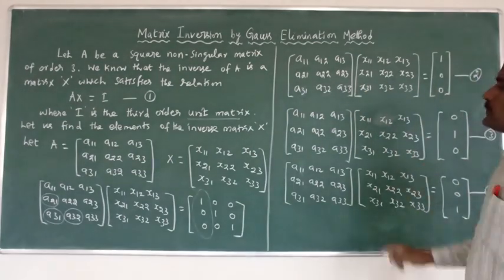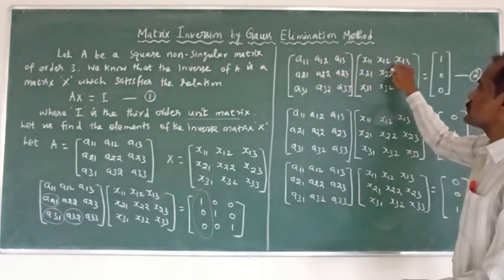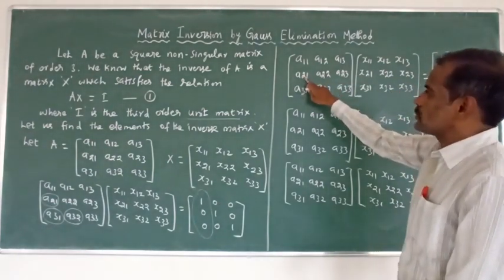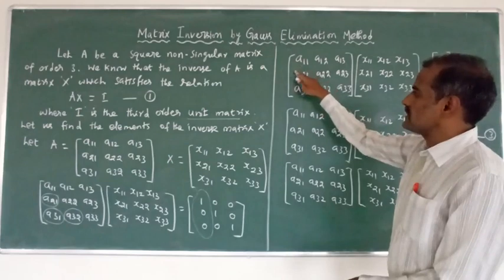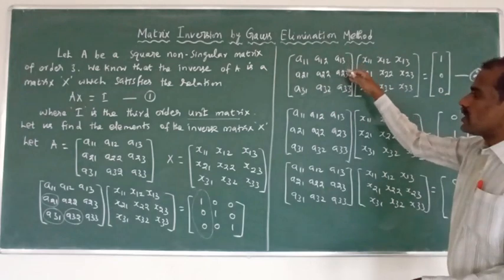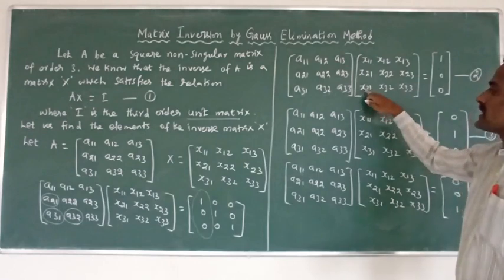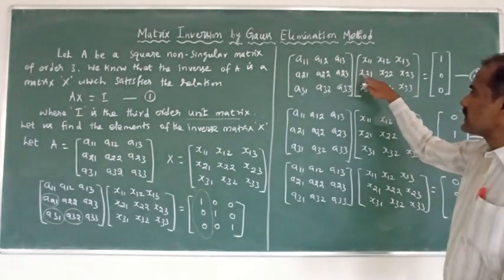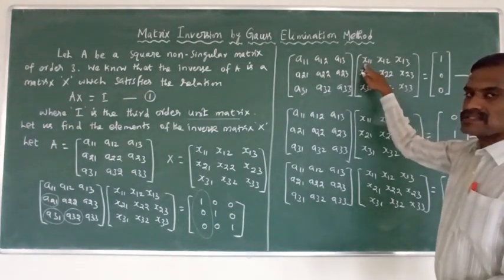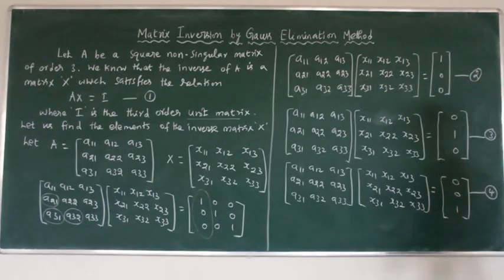Using equation 2 we get three equations. A21, A31, A32, all three terms are zero. We can solve all three equations and get the values of X31, X21 and X11 from equation 2.